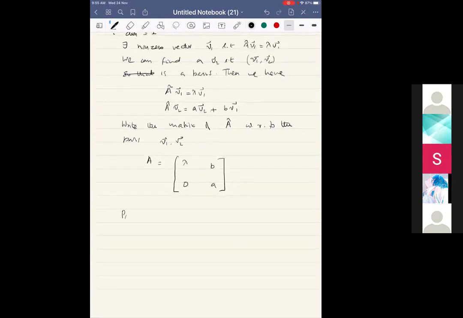But then the characteristic polynomial is T minus lambda times T minus A, and for this to be equal to T minus lambda squared, we need A to be equal to lambda.